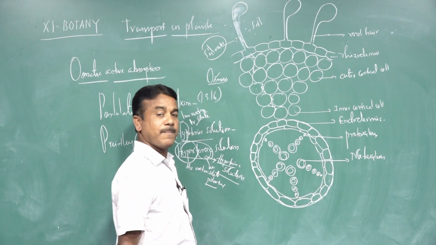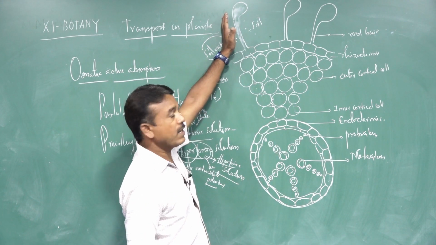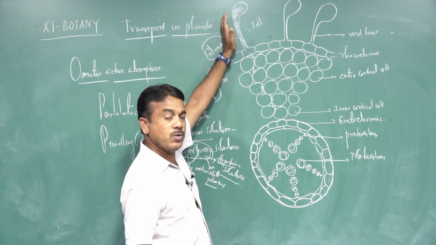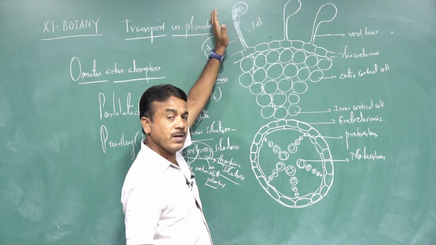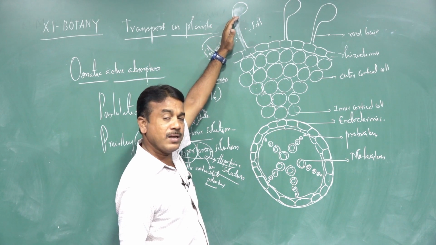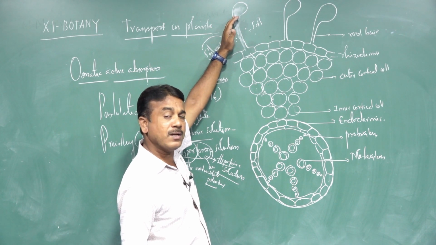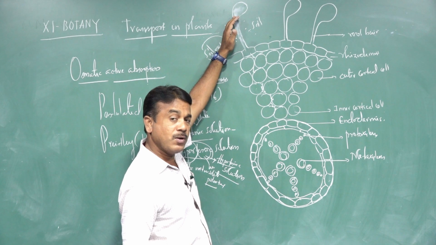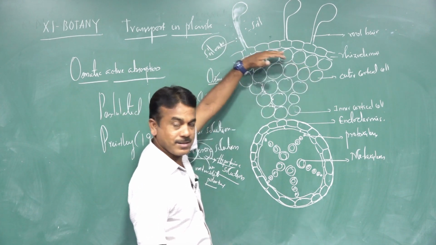So what I am saying is, from the root hair cell, the water molecule diffuses and enters the cell sap. The cell sap becomes hypertonic. When it becomes hypertonic, the water molecule can move osmotically to the inner cortical cell.